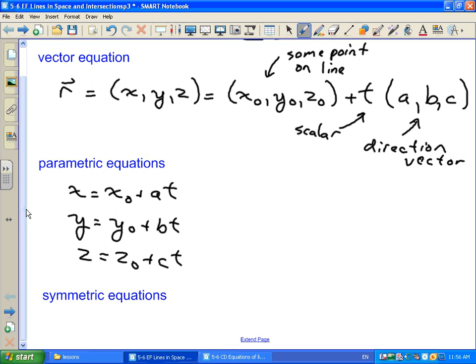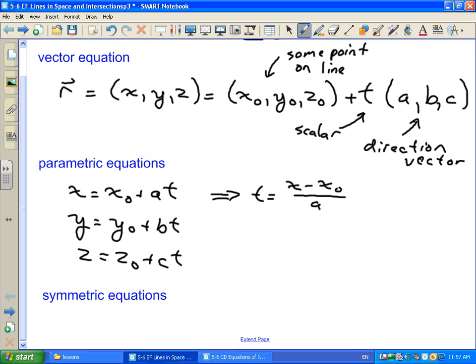And the third equation that we're going to look at here is what's called the symmetric equations. And you always get the symmetric equations from the parametric equations. We can take each of our 3 parametric equations and rearrange them to solve for t. So if I bring the x naught over to the other side, I get x minus x naught, then divide through by the a, and that's going to be my expression for t.